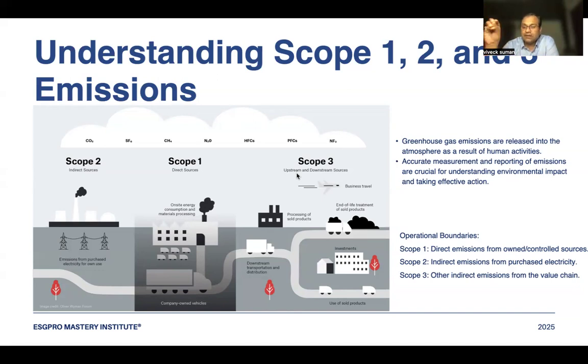If you have captive electricity which you are generating by burning coal, then that captive unit is also part of scope 1. A steel factory, if they have their own thermal power plant or renewable energy power plant, a captive unit, it will be scope 1, not scope 2. Clear? So own and control will decide whether it is scope 1 or scope 2 and 3. Now scope 2, we have understood those combinations. Anything left in the supply chain is scope 3 emissions.